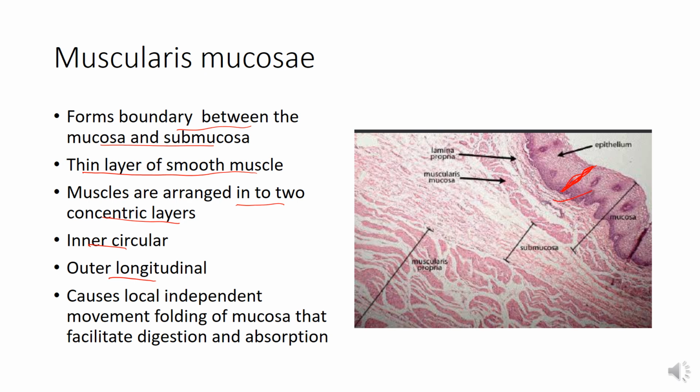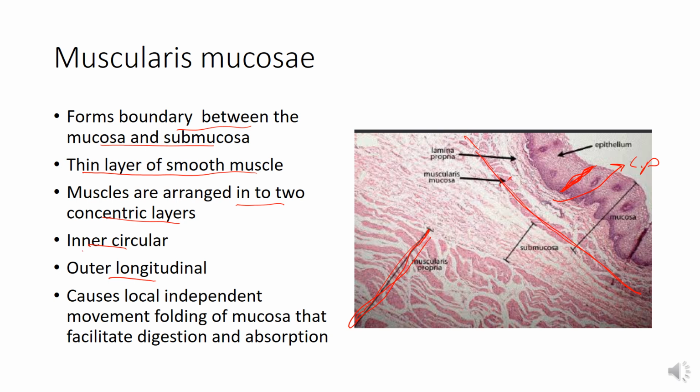The next layer is the lamina propria, and this layer is the muscularis mucosae. You can well observe here the thinness of this layer as compared to the second layer, the muscularis externa. See how thick that is, and how thin the muscularis mucosae layer is.